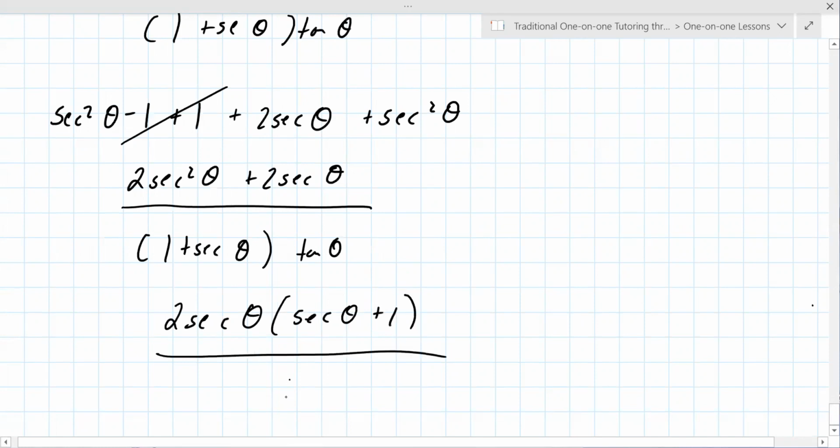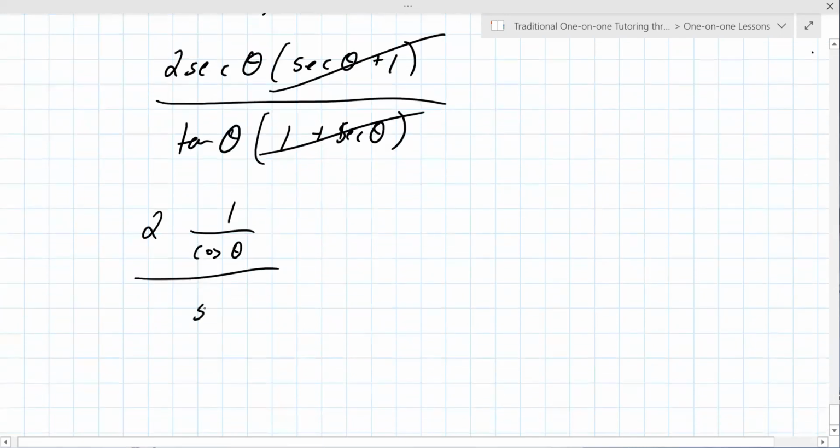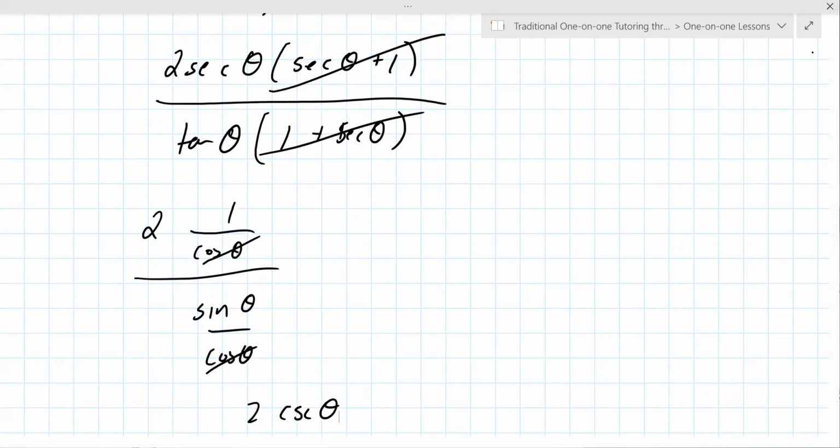Right, so that cancels out with that. Okay, and then you've got this tangent theta. So secant is 2 times 1 over cosine theta. Tangent is sine theta over cosine theta, so the bottoms cancel. And 2 over sine theta is cosecant theta. So it did work out. Oh, that makes sense.